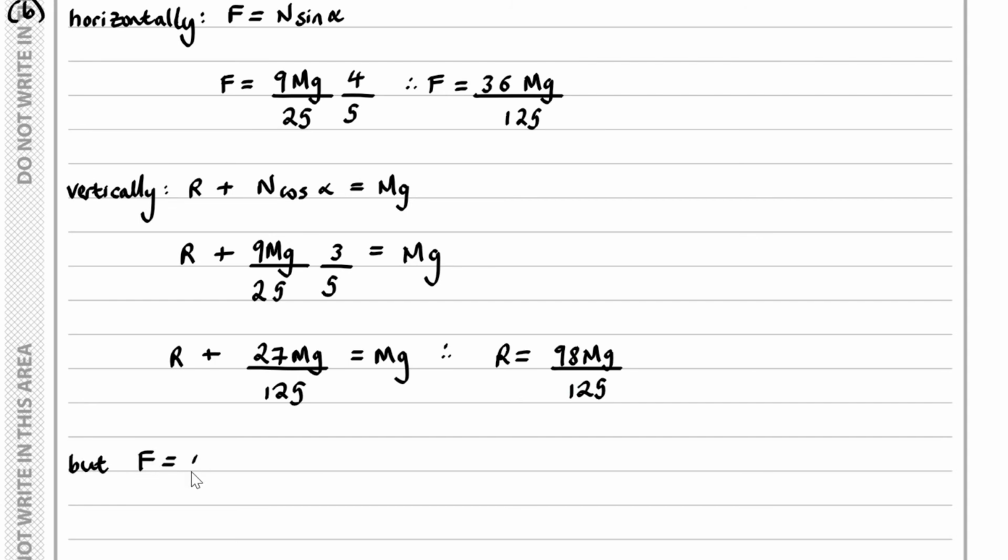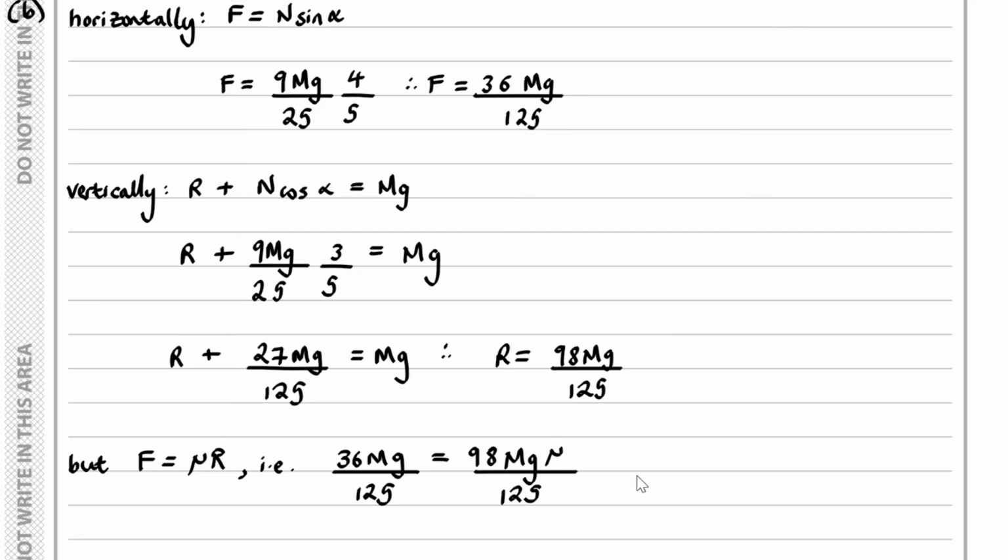We have F equals mu times R, so 36mg over 125 equals mu times 98mg over 125.